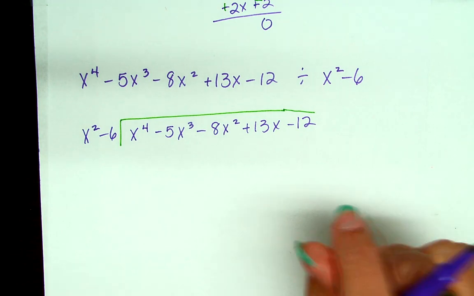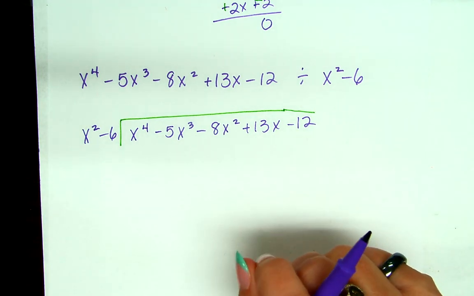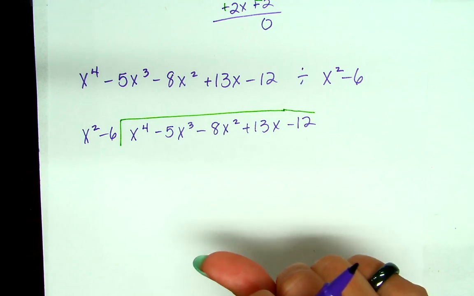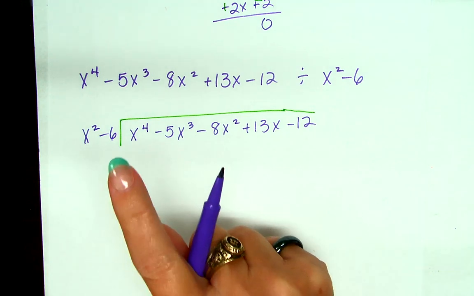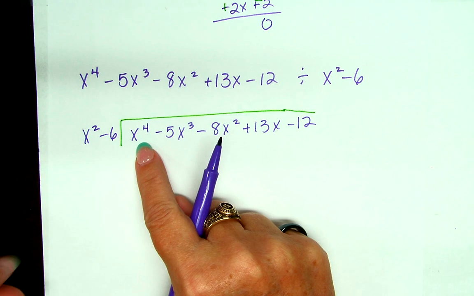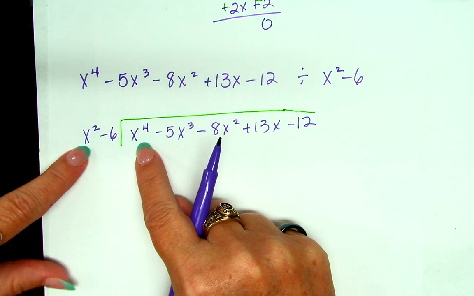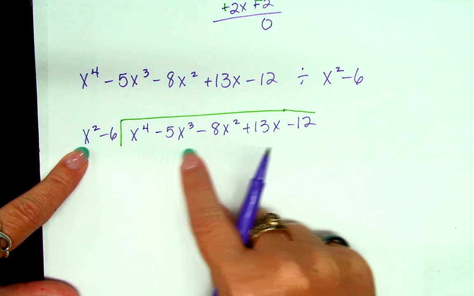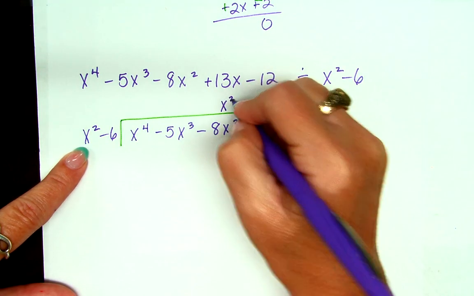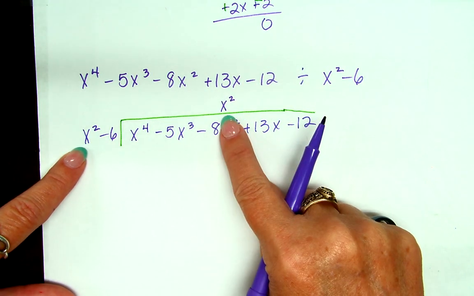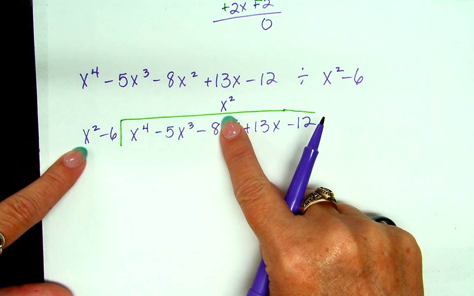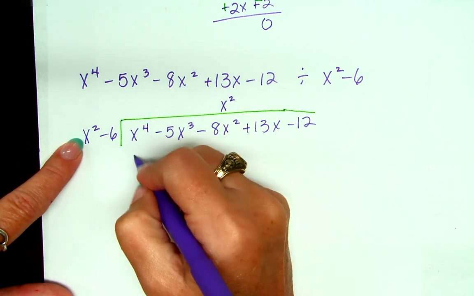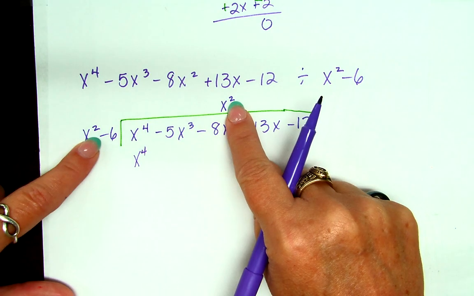Okay, so let's start. Talk me through it. X to the 4th divided by x squared is what? x squared. So where are we going to put that? Over the x squared. Okay. X squared times x squared. Okay. And x squared minus 6.